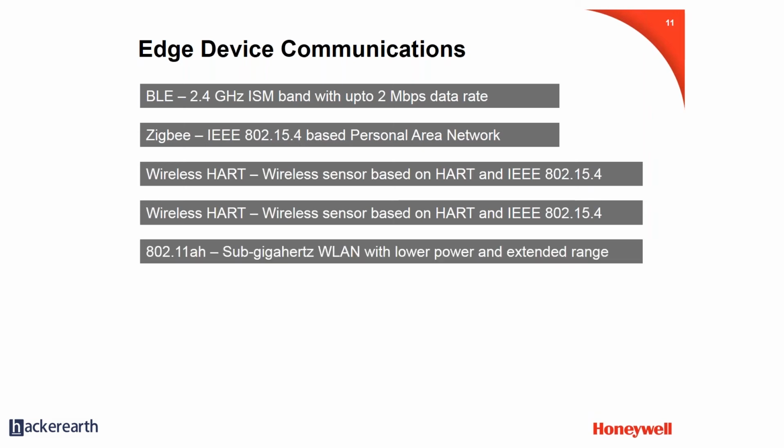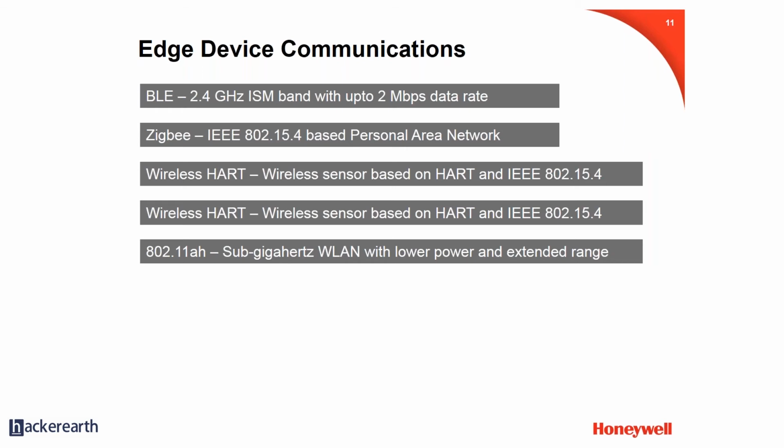So you'd still need a gateway to finally get onto the actual network. In many cases, some of these factors limit their adoption. And then in the industrial space, you have something called wireless HART. As you can see, it's again based on 802.15.4, and it's a wireless sensor network used in the industrial space.